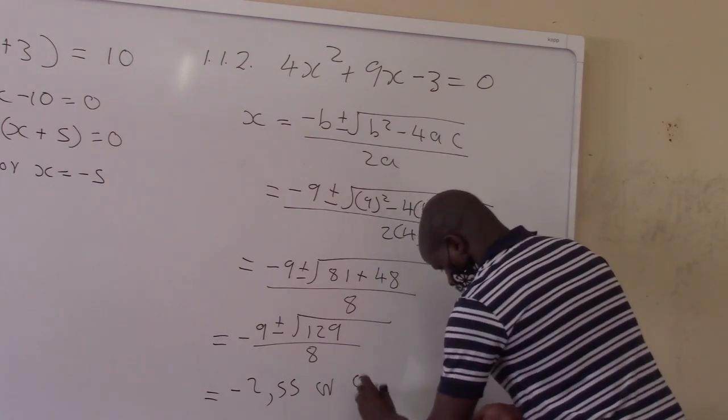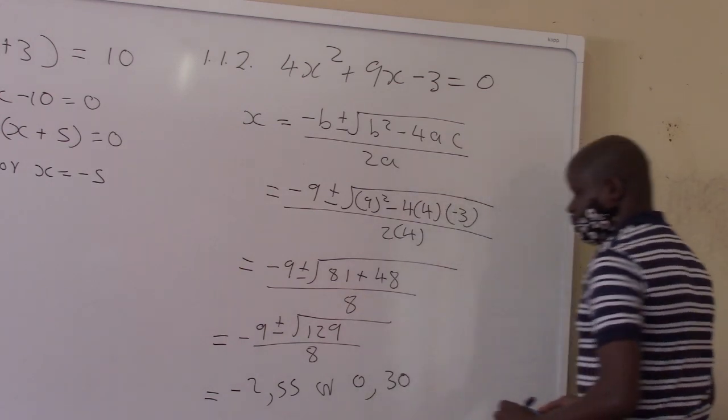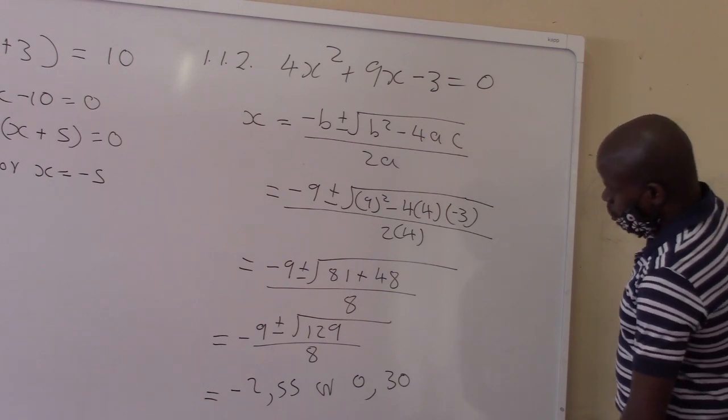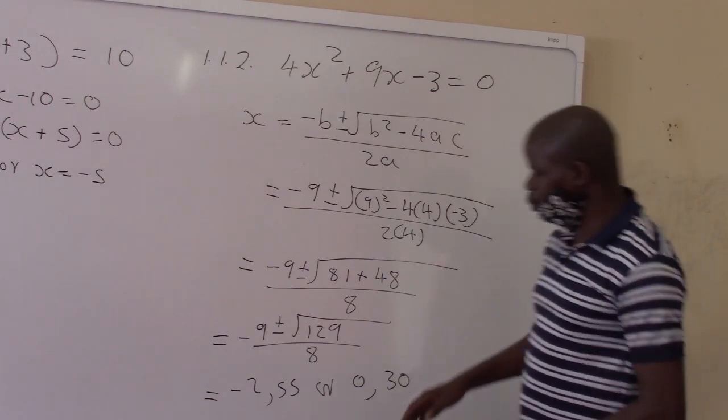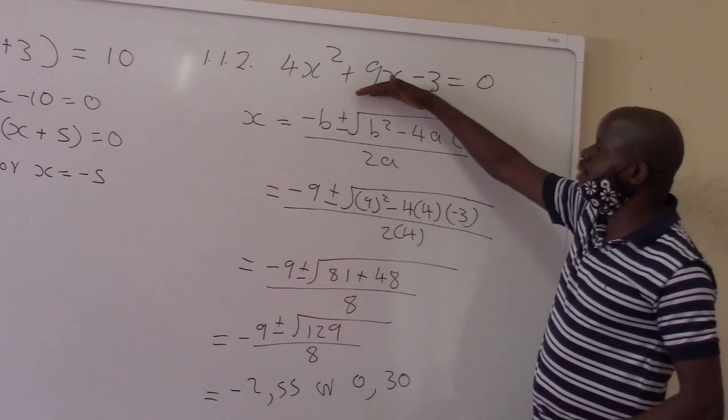Then it's positive 0,30, because they were saying round your answer to 2 decimal places. So this is the only way in which you can deal with this one.